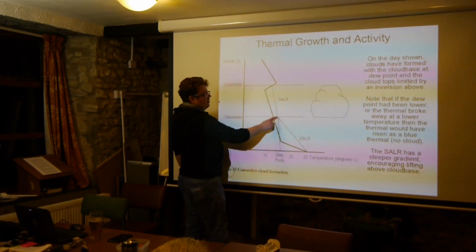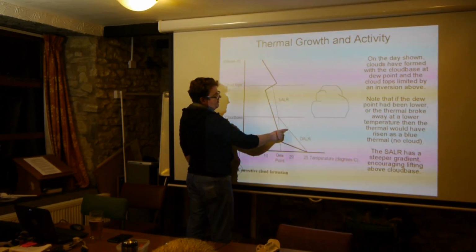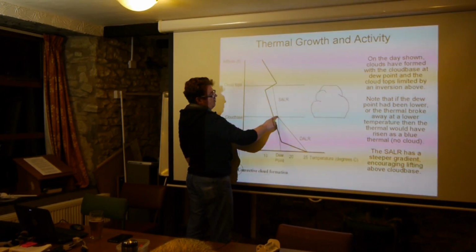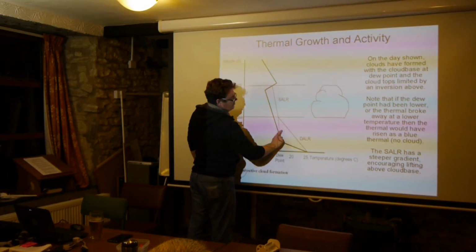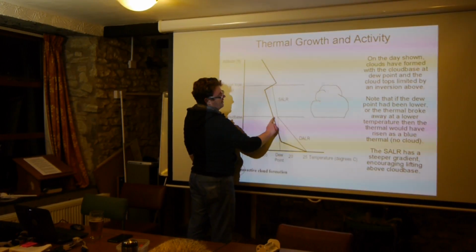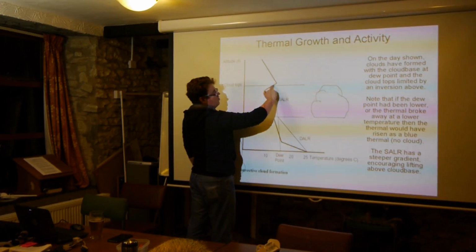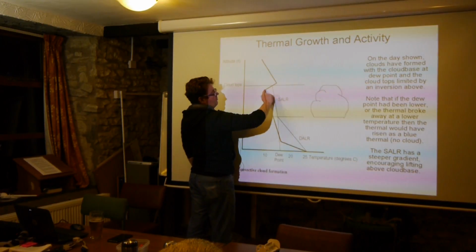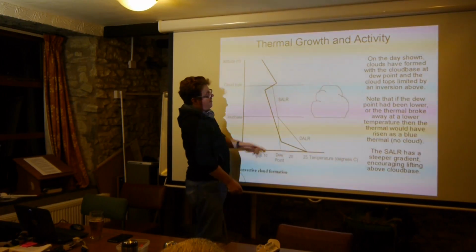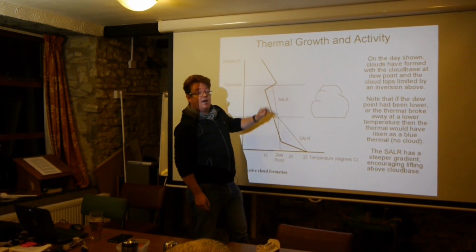You can see here that initially we're moving closer and closer to the environmental line, and then here we're moving maybe away from it a little bit. So there's more energy becoming available here. Here the amount of energy is decreasing as you get close to cloud base, and then a bit more becomes available here. And then thankfully we've got an inversion, and the saturated adiabatic lapse rate meets the environmental line here, which means you can predict that the clouds are only going to go up to that point.